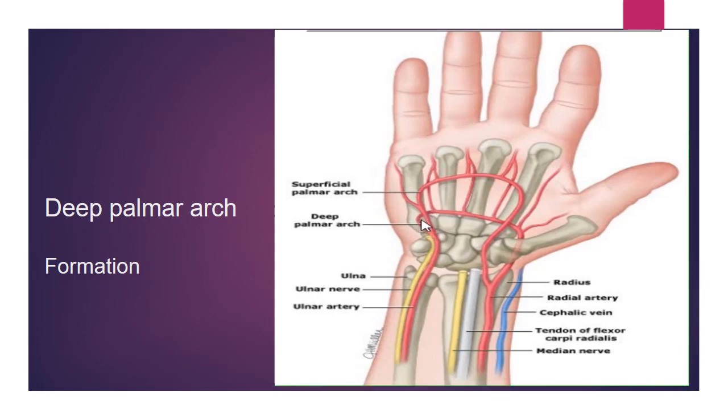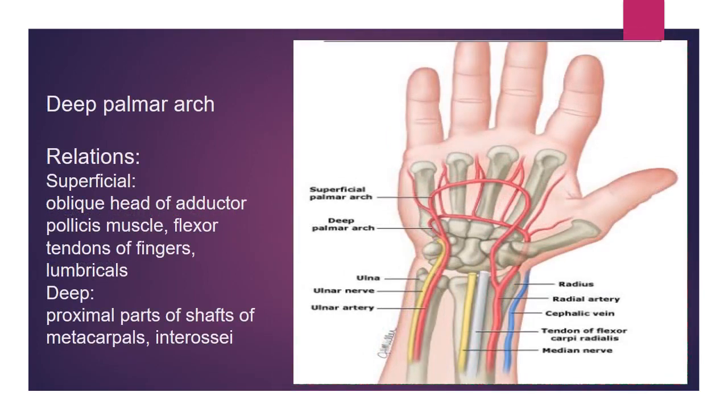This deep palmar branch of ulnar artery joins the deep palmar branch of radial artery, the main continuation of this artery, and it completes this arch. As you can see in this image, this deep palmar arch lies just distal to the bases of these metacarpal bones. These are the bases of metacarpal bones, and this arch lies just distal to these bases in the palm.